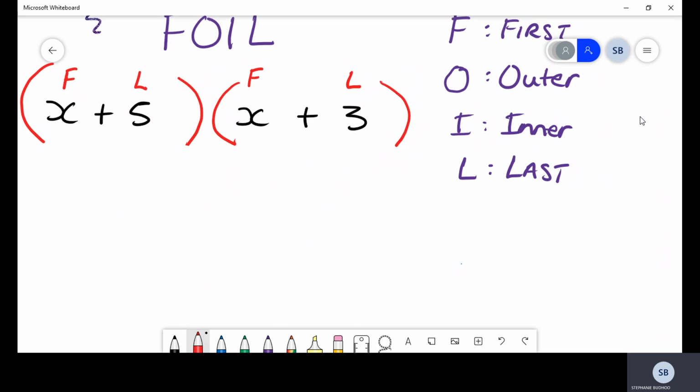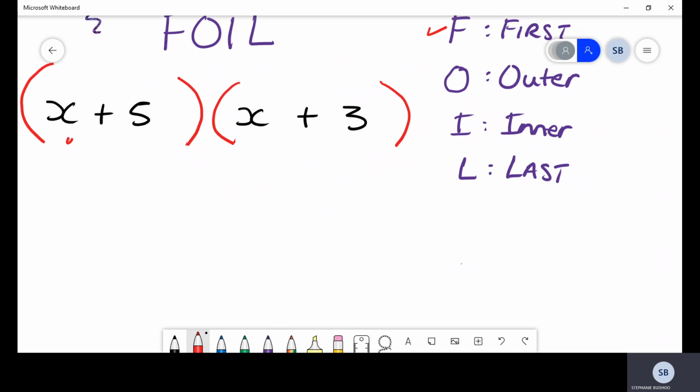So what do we do first? Well, it seems like we need to multiply our first values. What are our first values? Well, we have x multiplied by x, which gives us x squared. Sometimes I get a little technical difficulties.